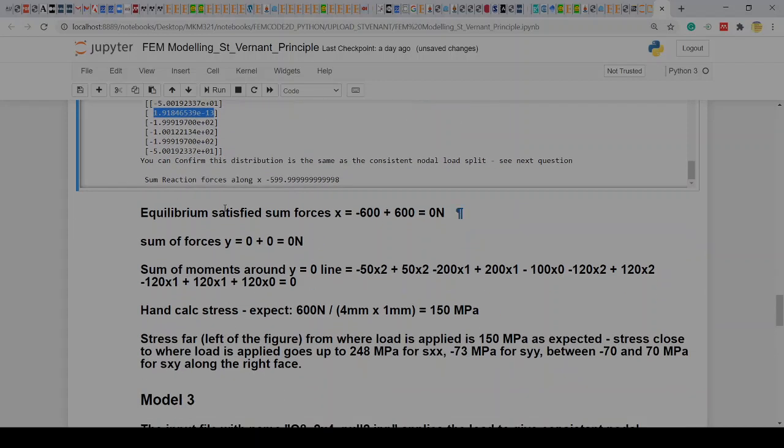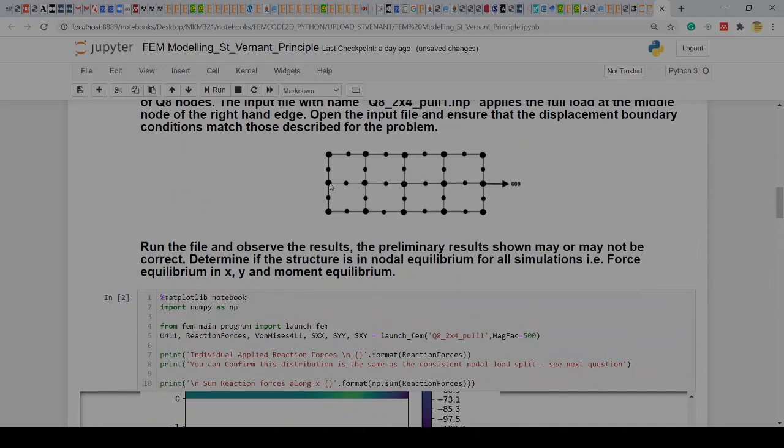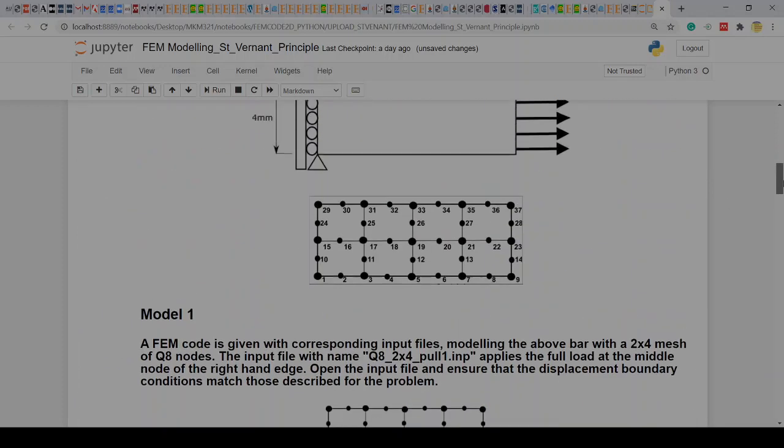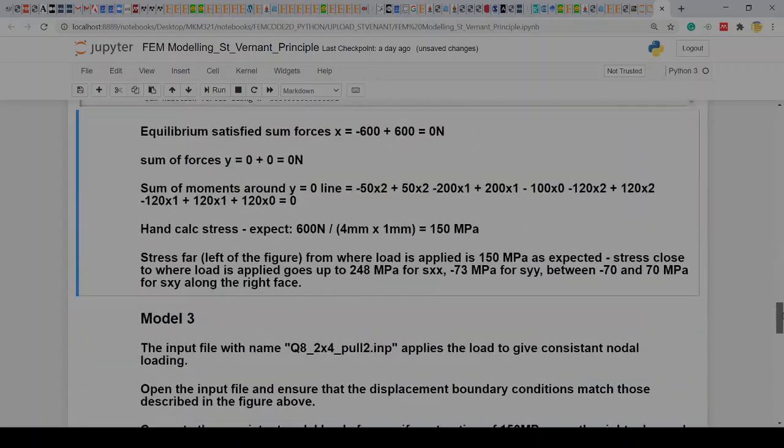Go through the same story. Equilibrium satisfies forces: sum of forces in the x direction, sum of forces in the y direction, sum of moments. And again we could do sum of moments around a line, let's say around this point here. So what we know is that this distance is 1 millimeter, 2 millimeter, 1 millimeter, 2 millimeter distance towards this central neutral axis.